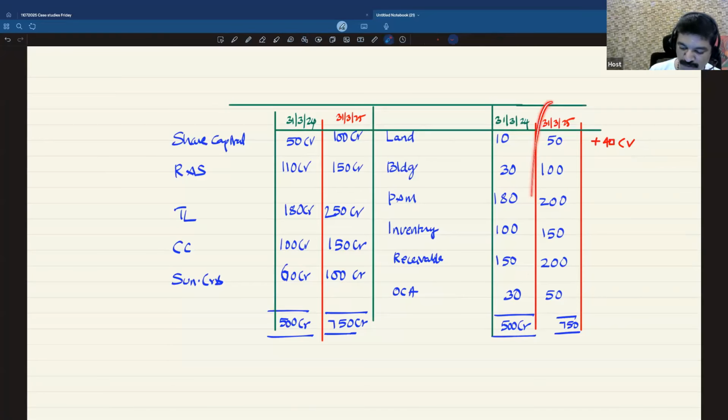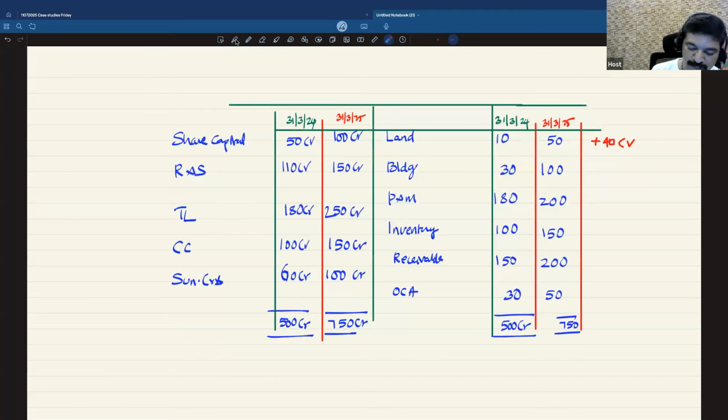If you are just going to have a look at 31st March balance sheet, you believe that they have 50 crore worth of asset and you never know when they have purchased this 50 crore of asset. But now because of this comparison, you get to know that this 40 crore got added to the fold only in the current year. It was not there for a very long time. Okay, that is a useful information for you.